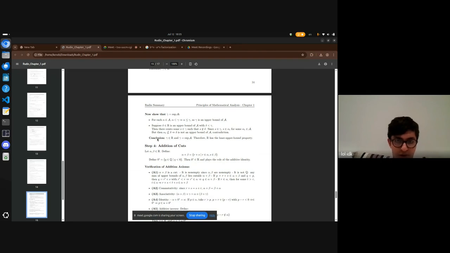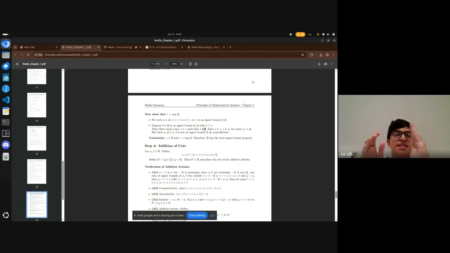Now show that gamma equals the supremum of A. For each A in the set, A is a subset of gamma, and A is less than or equal to gamma. So gamma is an upper bound of A. We already know it's an upper bound. So suppose that delta in R is an upper bound of A with delta less than gamma. We want to see if it's really the least upper bound. Then there exists some s in gamma such that s is not in delta.